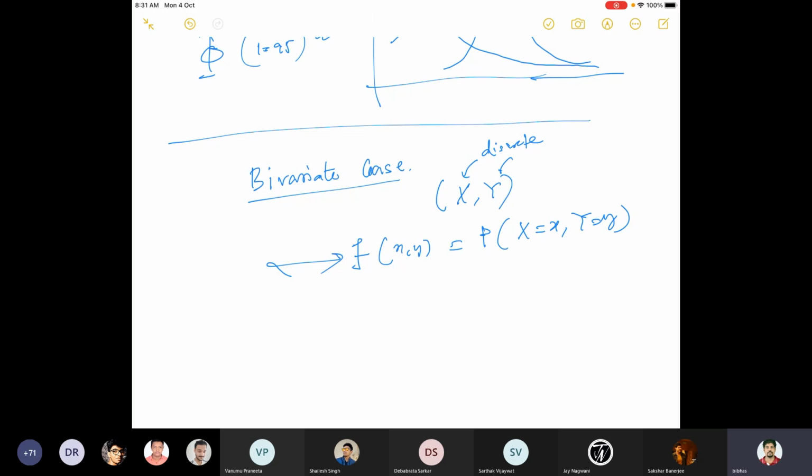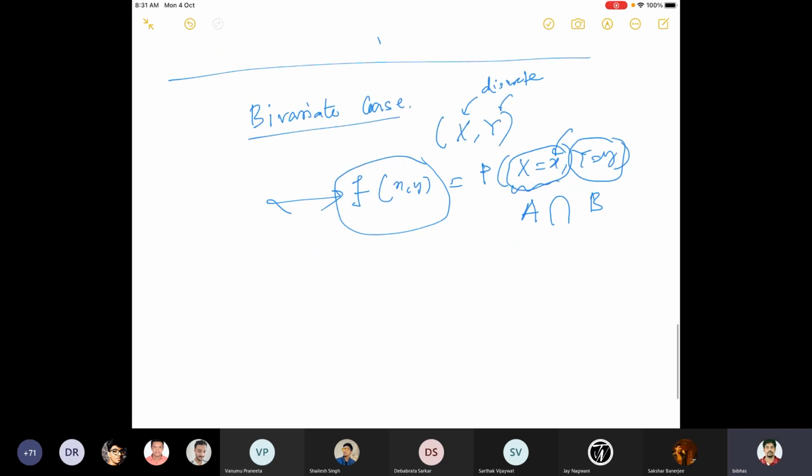Earlier for the univariate case, with only one random variable, this was a single parameter. Here we have two parameters. Suppose there is a random variable capital X which takes the value small x, call it event A, and a random variable capital Y which assumes the value small y, call it B. Then this is the event A intersection B. This is how the PDF is defined.